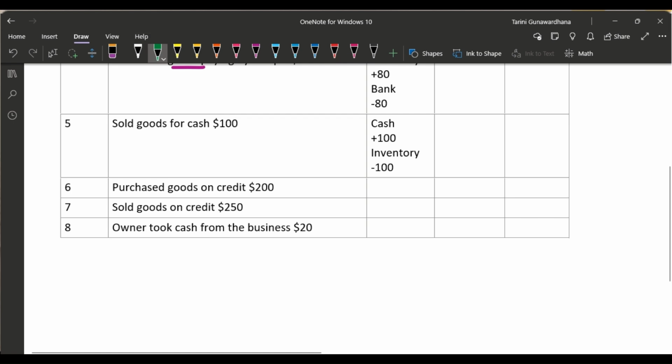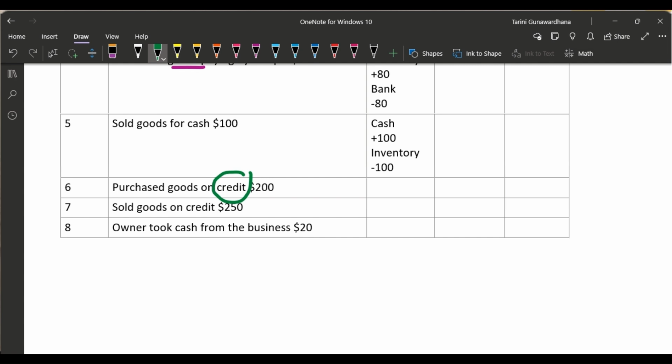Next, purchased goods on credit $200, and it's a purchase. That means we bought some goods from a supplier and we said, okay, we buy these goods now but we will pay later.